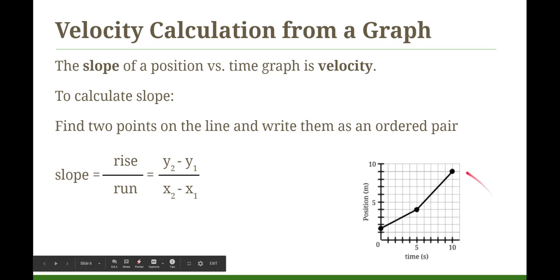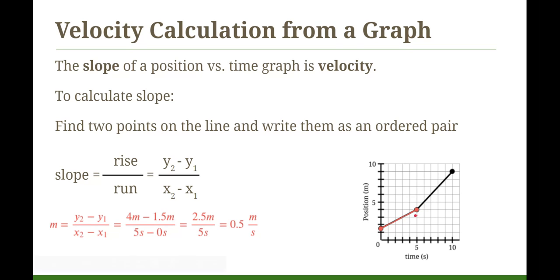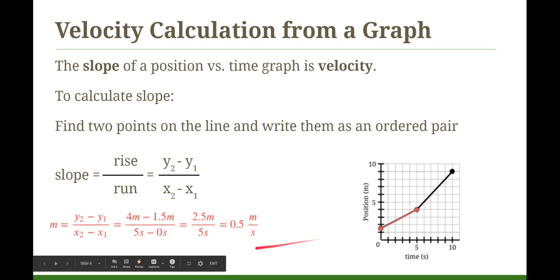So for example, in this position time graph here, we can find the slope of this red section of line by taking this point, which is at 5 seconds and 4 meters, and then this point, which is at 0 seconds and 1.5 meters, and then we can plug those values into the slope equation here. So you'll see that that second point is 5 seconds and 4 meters. The first point is 0 seconds and 1.5 meters.